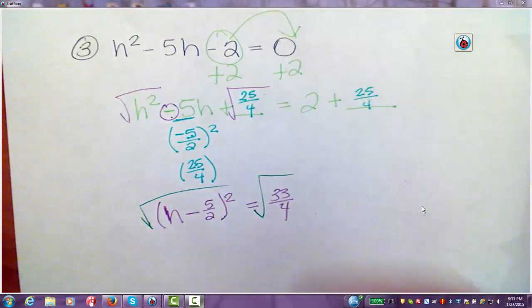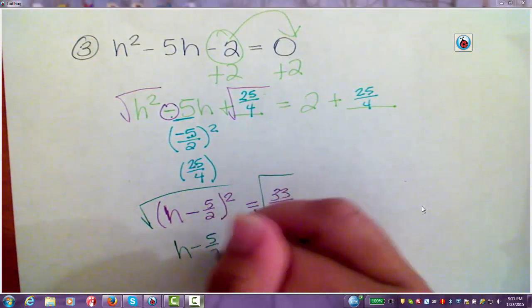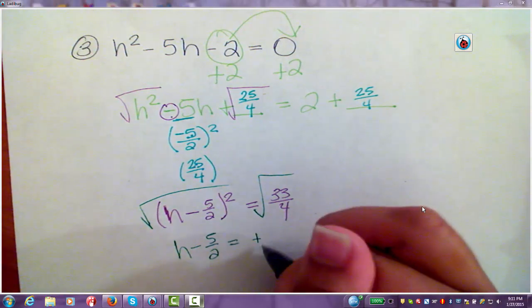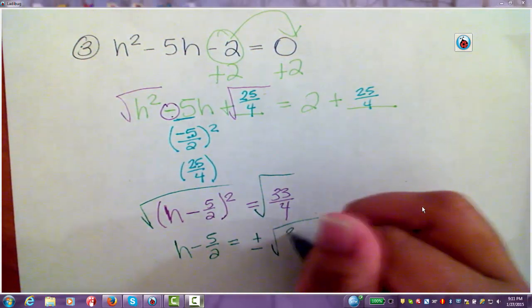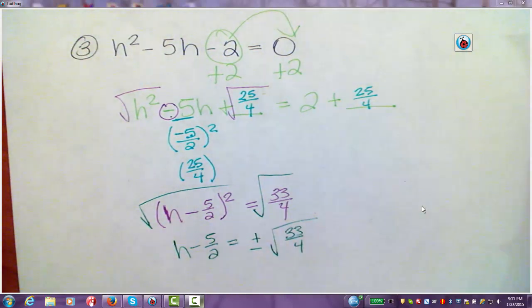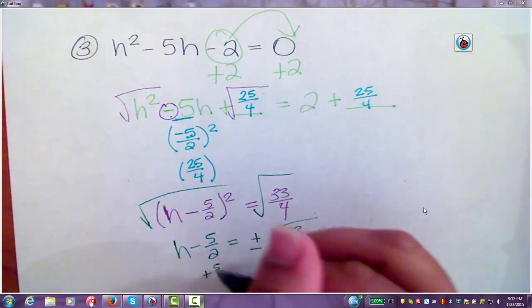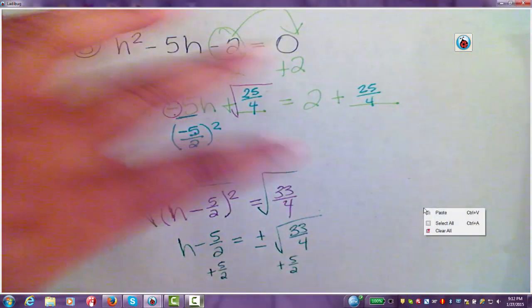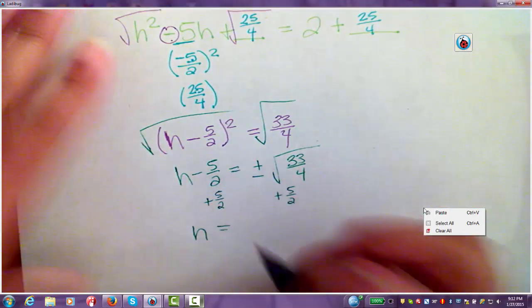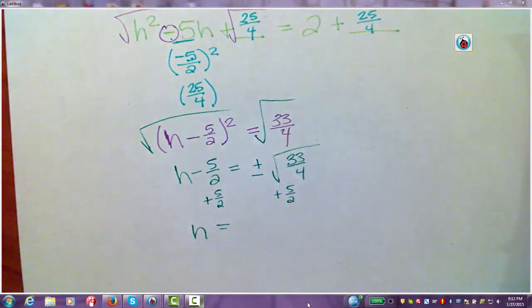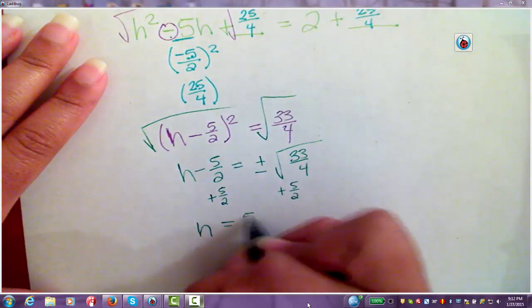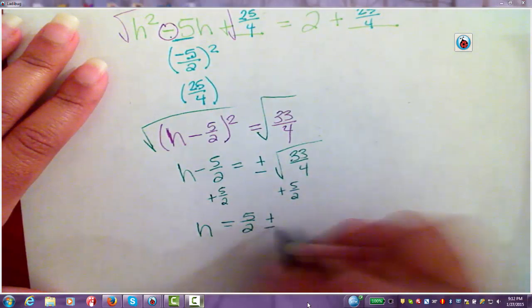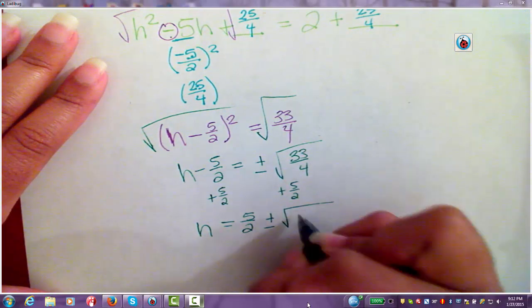So we get h minus 5 halves equals plus or minus square root of 33 fourths. So now we add 5 halves to both sides, and we get that h equals 5 halves plus or minus the square root of 33 over 4.